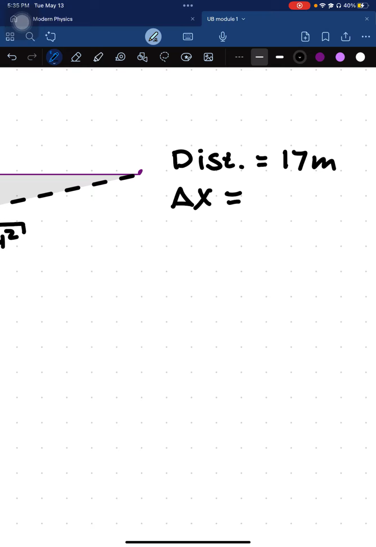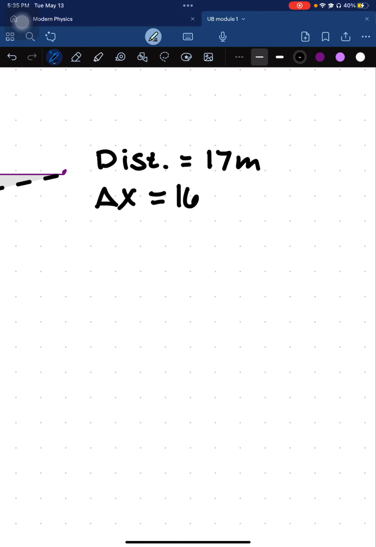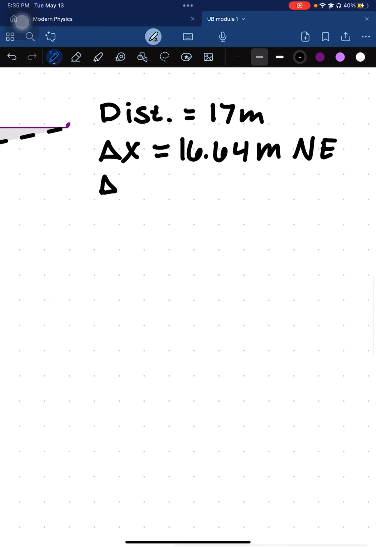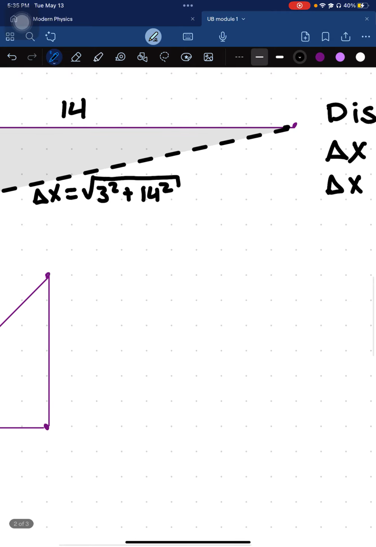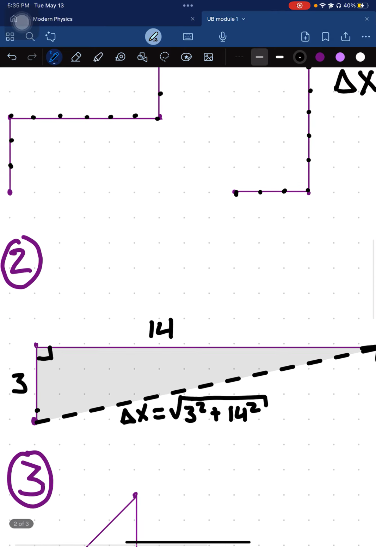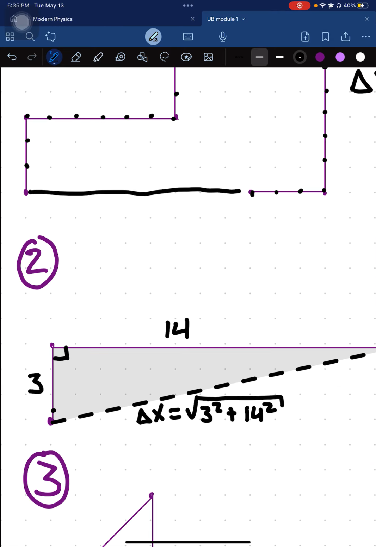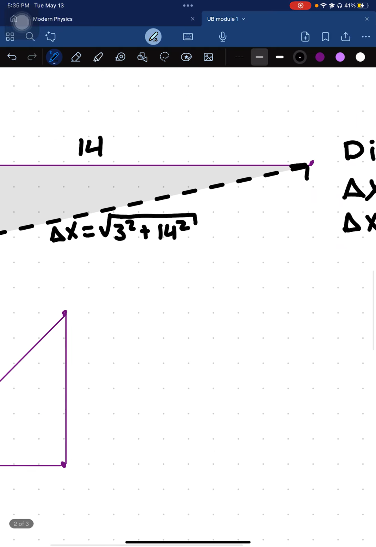Delta x equals 16.64 meters northeast, or delta x equals 14 I hat plus 3 j hat. This is a vector.